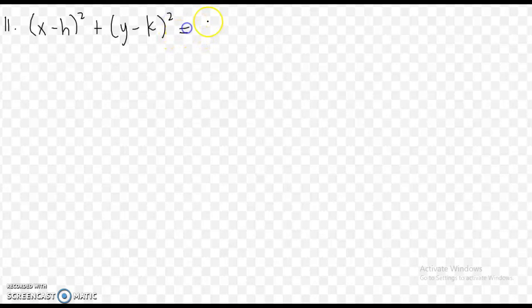Now, for number 11, we have x minus h squared plus y minus k squared equal to k squared. This one is under the two parameters.